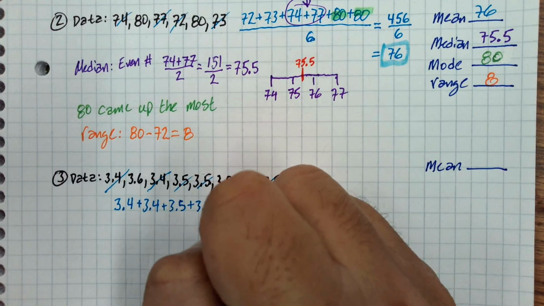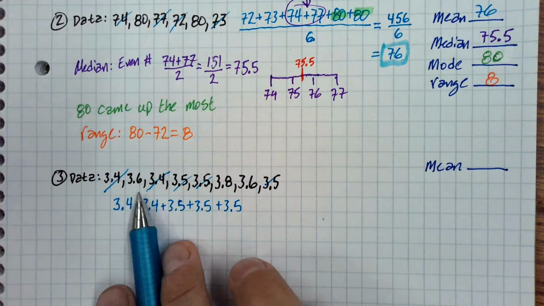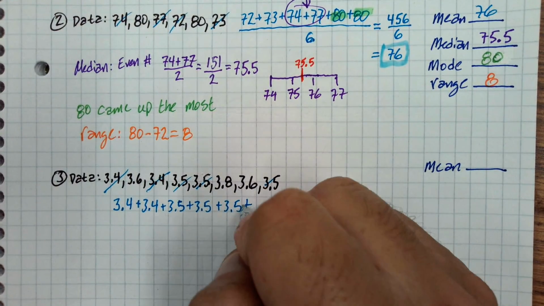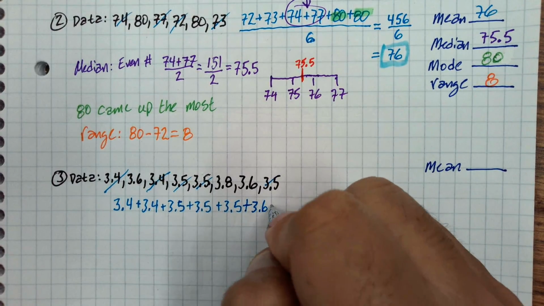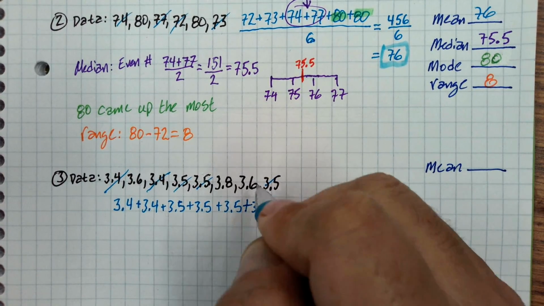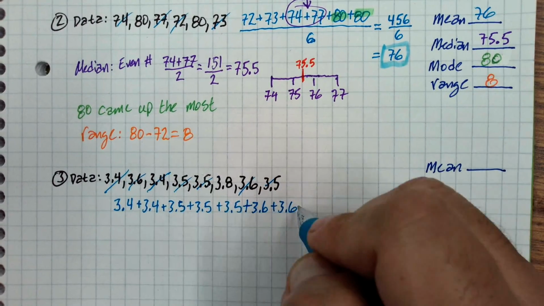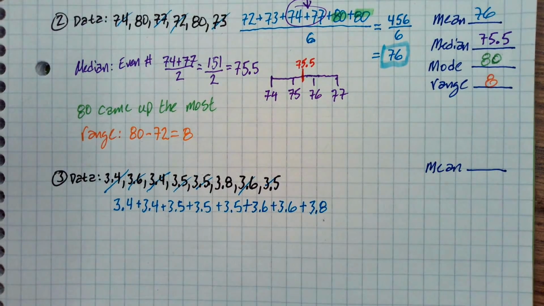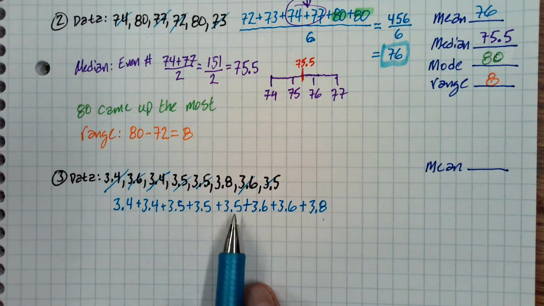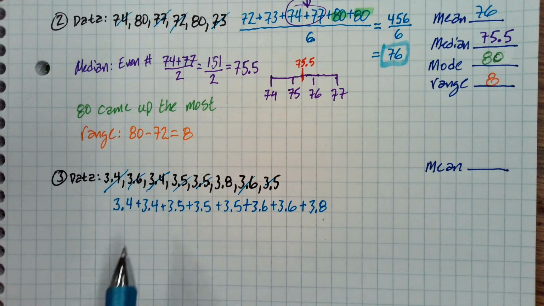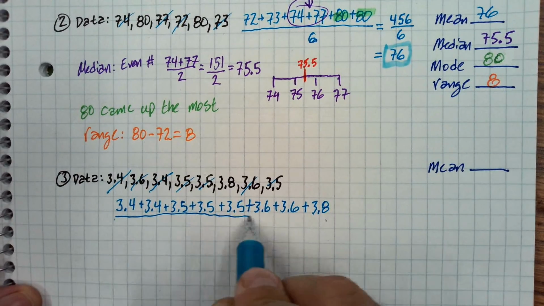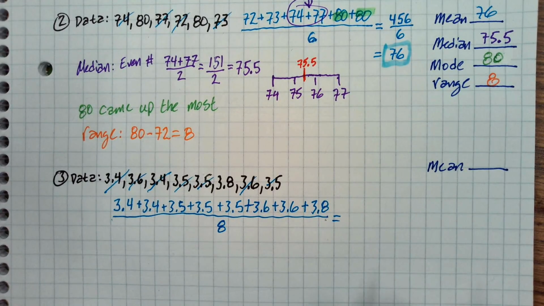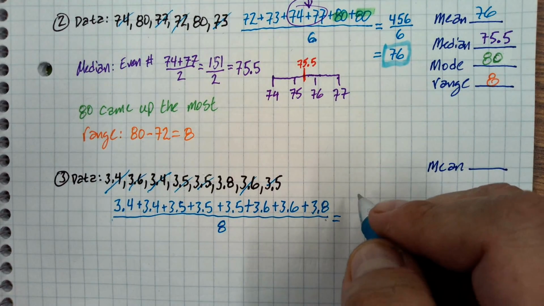And then we have 3.6 2 times. And then just 3.8 once. So that's a total of 8 numbers, so we'll divide by 8. The sum turns out to be 28.3.